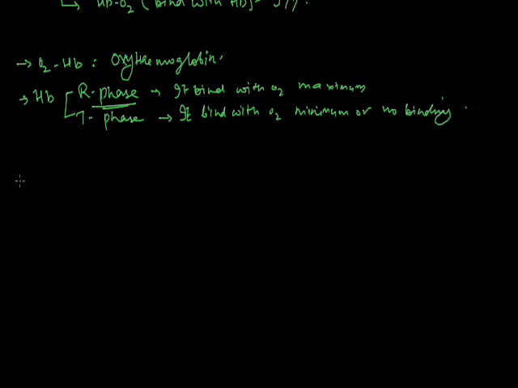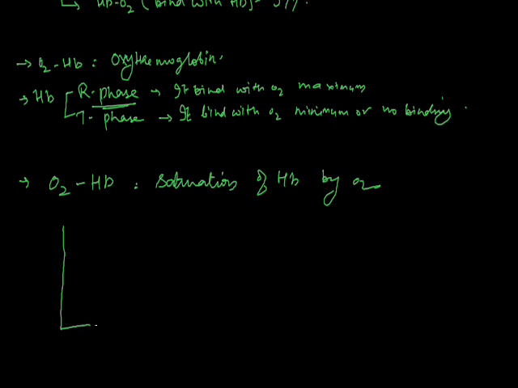So this binding of oxygen with hemoglobin shows the saturation of hemoglobin by oxygen, and this oxygen-hemoglobin binding always forms an oxygen-hemoglobin curve, and in the normal condition that curve will be like this.